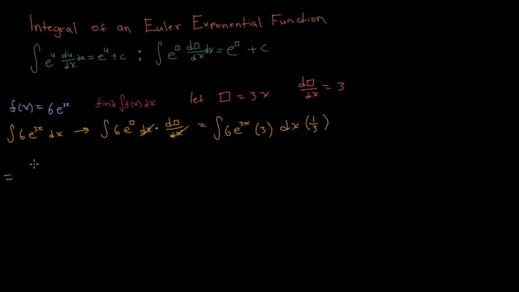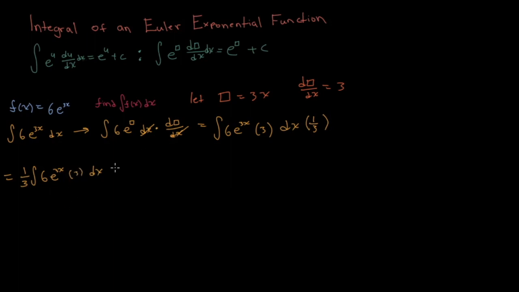Then we can bring the 1 over 3 out of the integrand, and that leaves us with 6 times e to the 3x times 3, dx. Now this is the perfect integrating form, because this entire expression is equivalent to the original, and this integrand is in the form we want. So now we can perform that integration without having to worry about this 3.